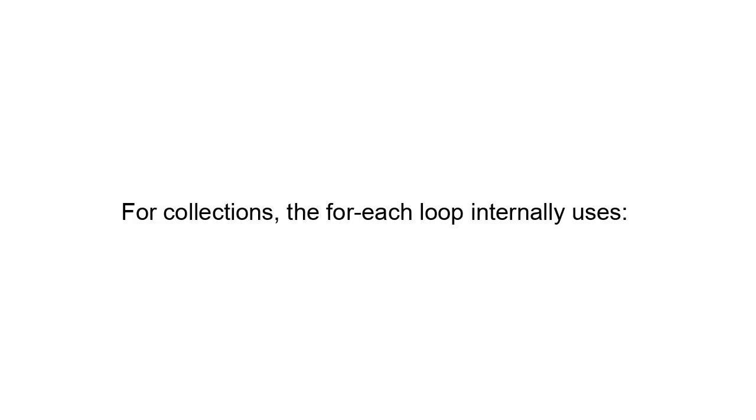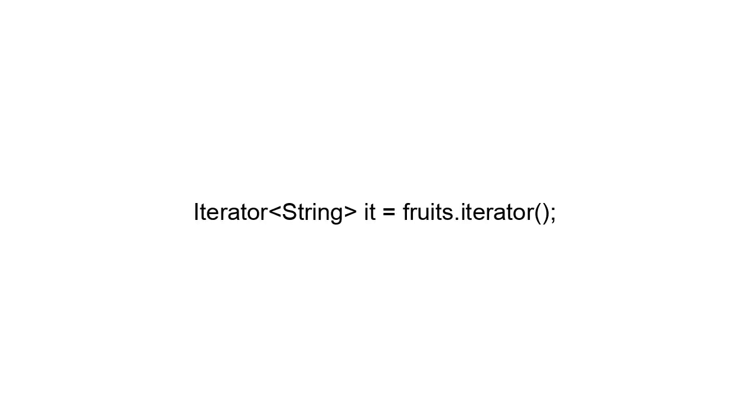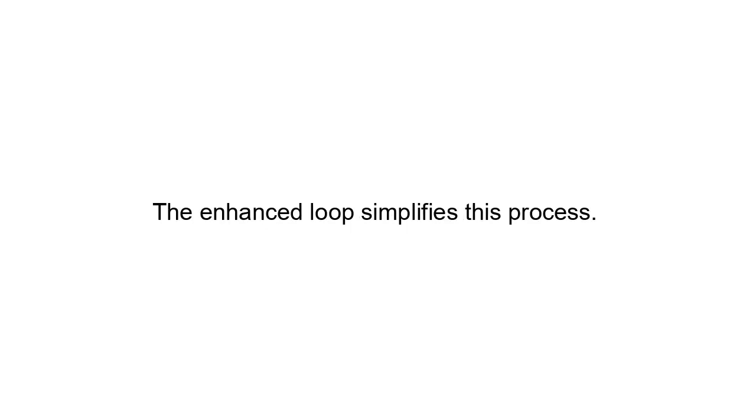For collections, the for each loop internally uses an iterator, conceptually similar to Iterator<String> it = fruits.iterator(); while (it.hasNext()) { String fruit = it.next(); System.out.println(fruit); } The enhanced loop simplifies this process.